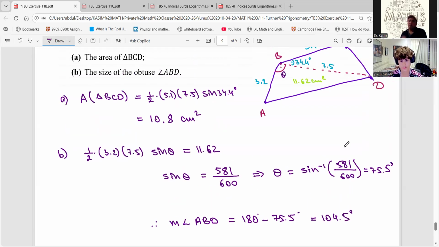We found the sine angle, not the actual angle, so it's subtracted from 180. Now we have the actual angle, which is 104.5. Okay.